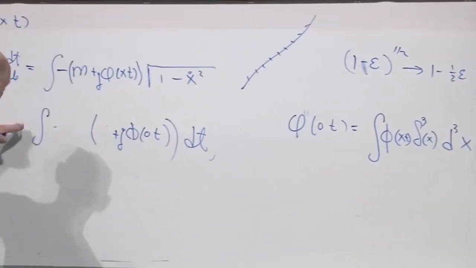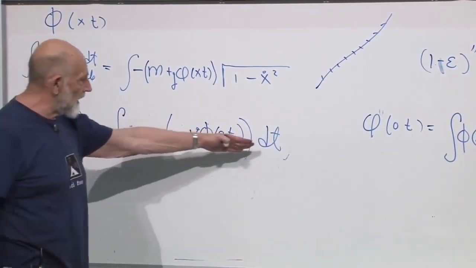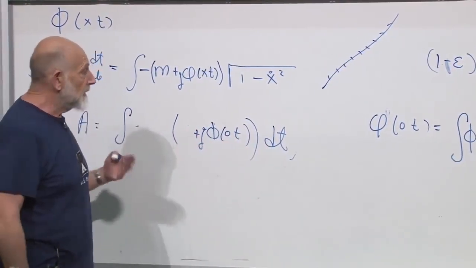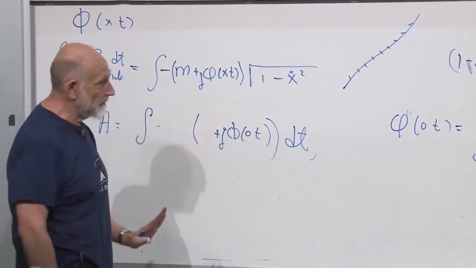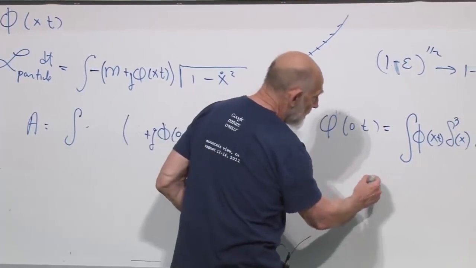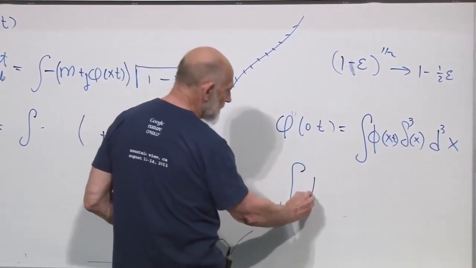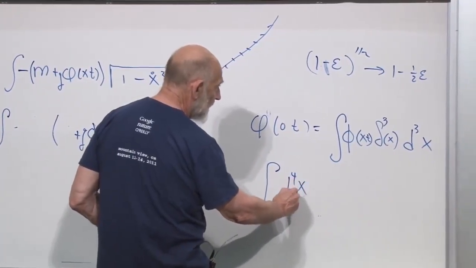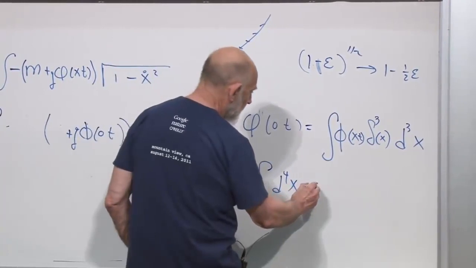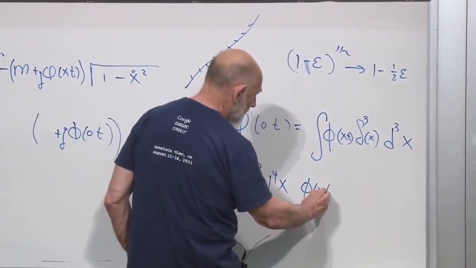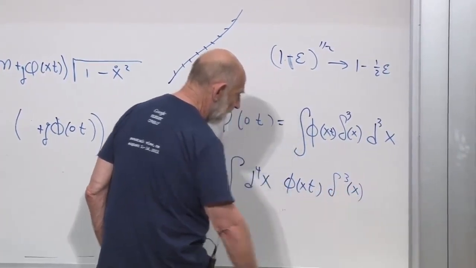Notice, in order to calculate the action, I also have to integrate over time. The action was the integral of this phi over time. So in the action, we have the integral over all coordinates, d4x, that means dx, dy, dz, dt, phi of x and t, delta cubed of x.